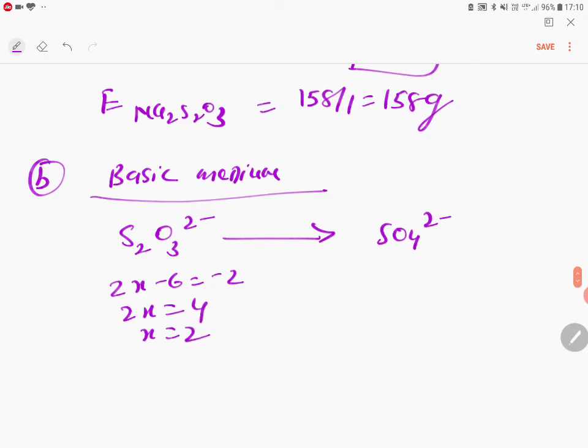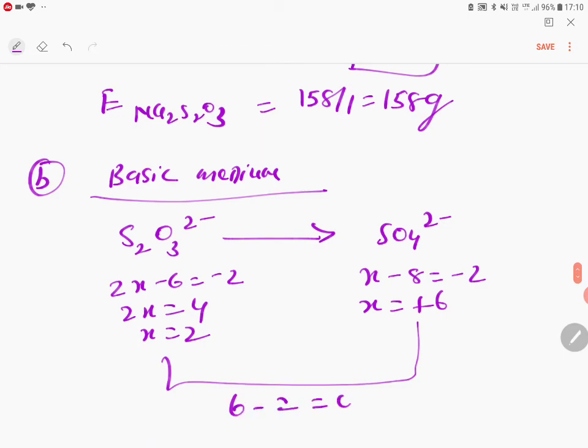So here sulfate you calculate. Sulfate is, so if you calculate change in the oxidation state, so you will get 6 minus 2 is equal to 4.